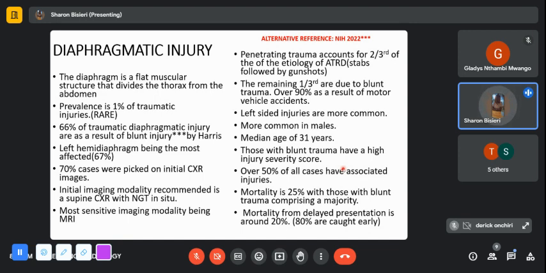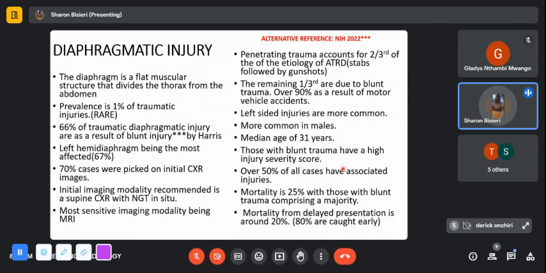they say that penetrating trauma accounts for two-thirds of the etiologies of these diaphragmatic injuries, commonly stabs followed by gunshots, with the remaining third attributed to blunt trauma, the majority of those being the result of road traffic accidents. It still remains that it's the left side of the diaphragm that's injured more, and it affects males more, at a median age of 31 years.